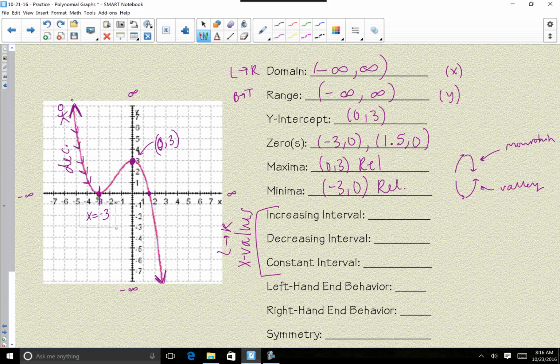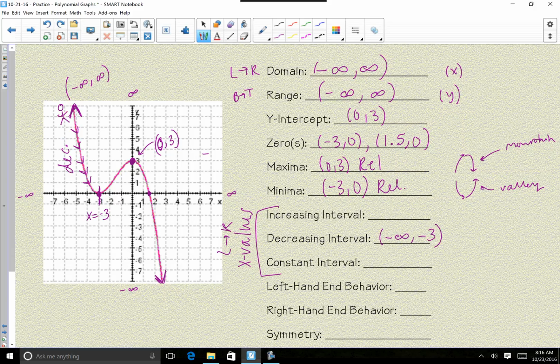Okay? So he started at this x value over here. If we look at where this arrow is pointing, to the left it's going towards negative infinity, and to the right it's going towards positive. So he was going from negative infinity to -3, and that was decreasing. So I'm going to write that over here, negative infinity to -3.